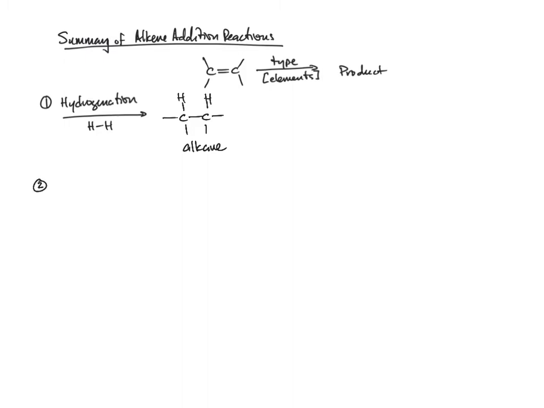Our number two reaction is called hydration. We're going to add an H to one carbon and an OH to the other. So now you can see the difference of A versus B in that general electrophile. So H, OH.